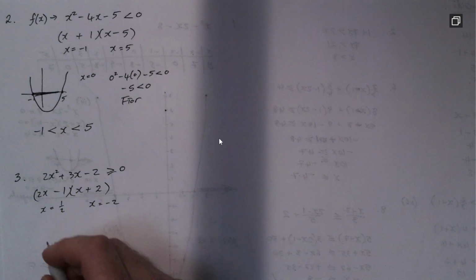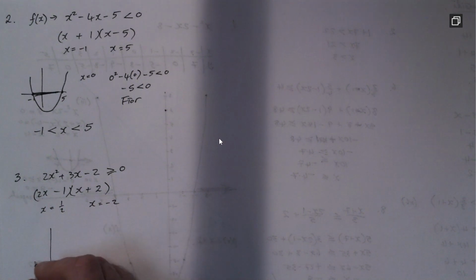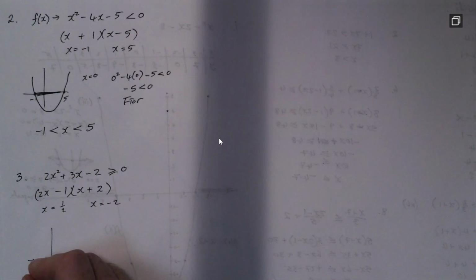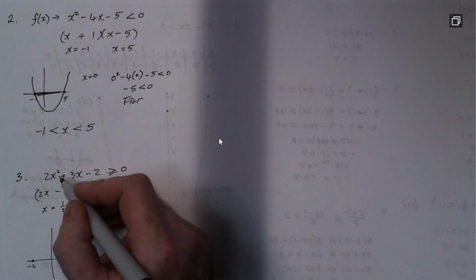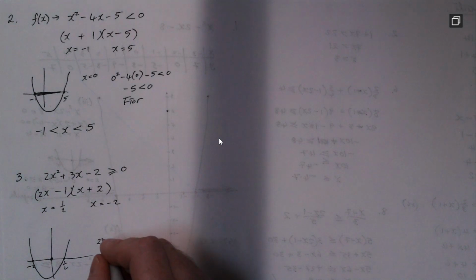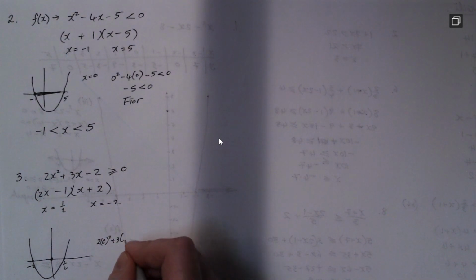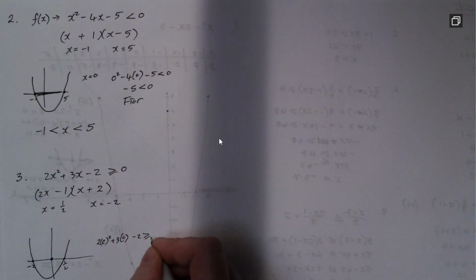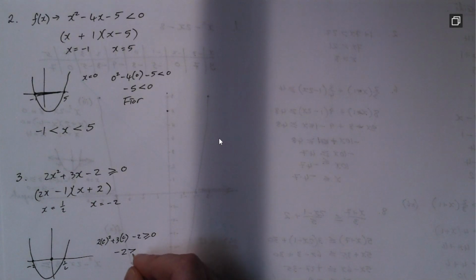Now it is turn to sketch the graph. And it's x squared positive, so it's a U-shaped graph. Okay, then test for zero. So you have 2 times 0 squared plus 3 times 0 minus 2 is greater than or equal to 0. So minus 2 is greater than or equal to 0.